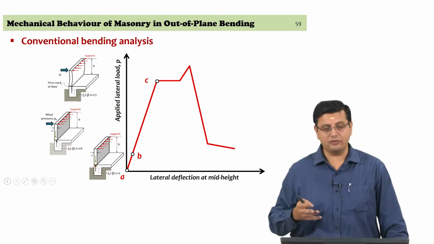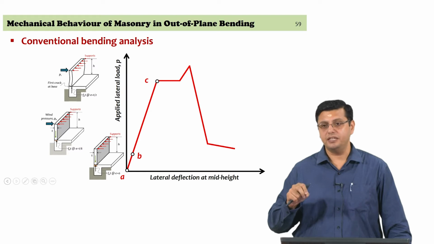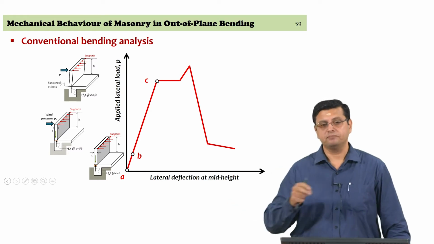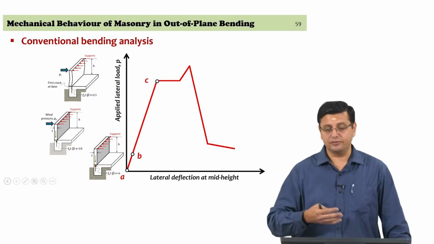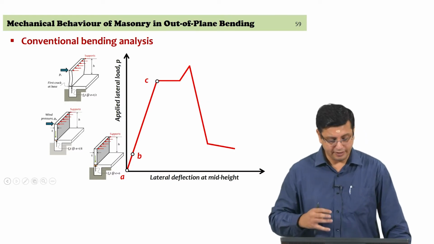So stage C of our loading was when the first crack at the base is initiated and starts propagating as the lateral force, applied force acting on the wall, increases.